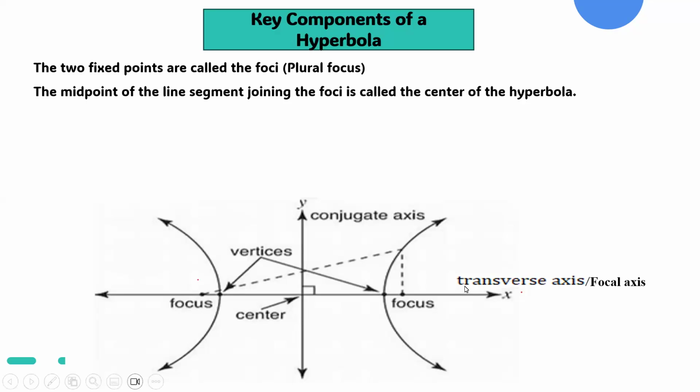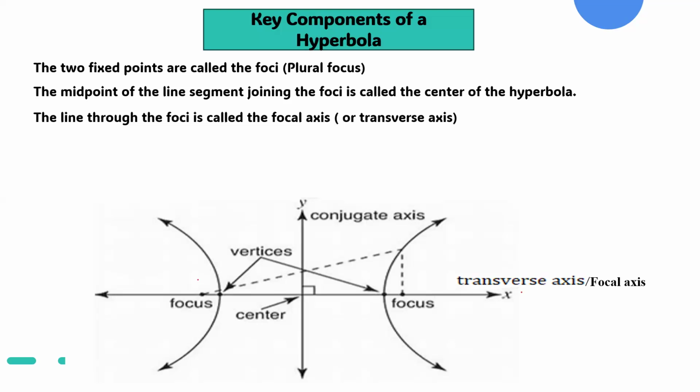If we look on this axis here, we're going to see that the foci are on this line, which is the x-axis actually, and the midpoint is the center. So from this focus to the center, and this focus to the center, these distances must be equal because this point is the center of the hyperbola.